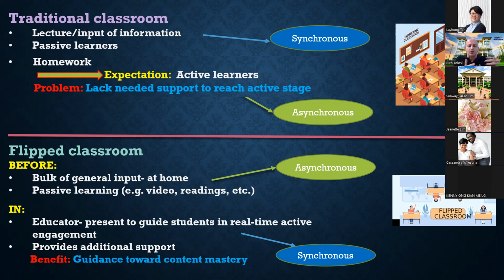We can provide additional support when necessary, and we can devote more time to applying that information to actual productive activities. And the benefit there then is we're guiding the student in the class now toward content mastery rather than providing more and more information.